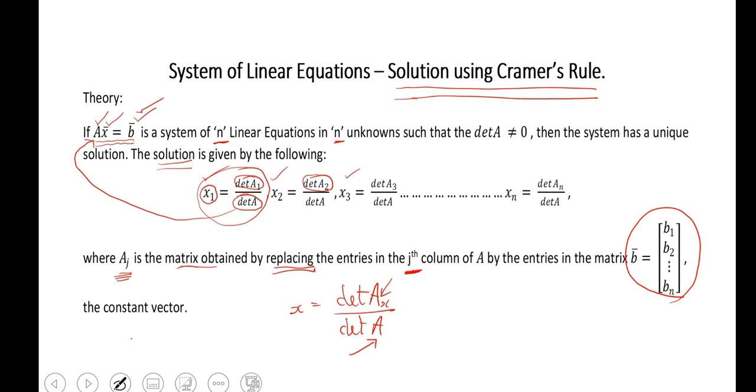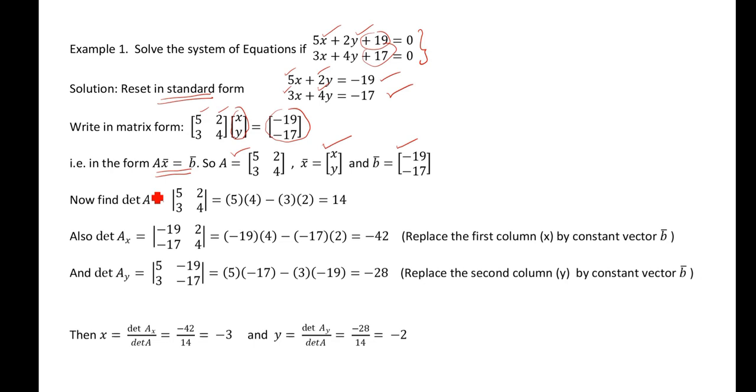So let's get back to the slide. Well, there's A. We already know what A is. So we simply take that matrix and find the corresponding determinant, and we all know how to do that. 5 times 4, subtract 3 times 2, and I get 14. Now, what does determinant Ax mean?